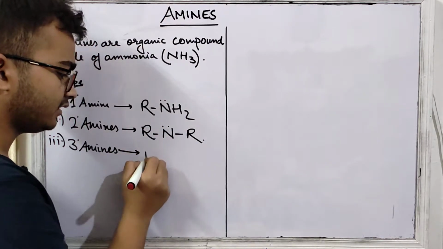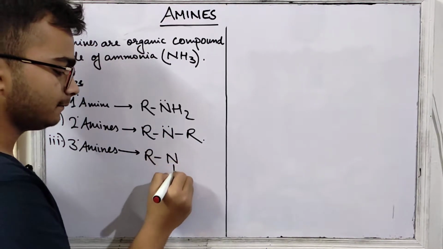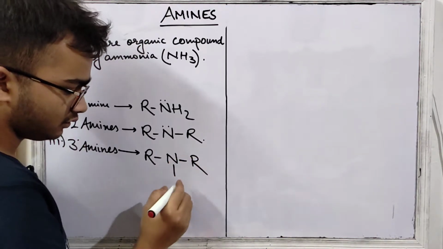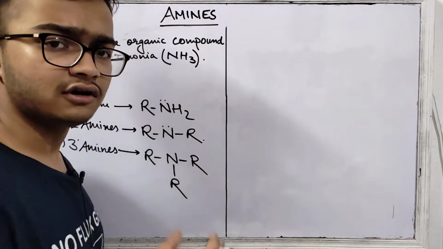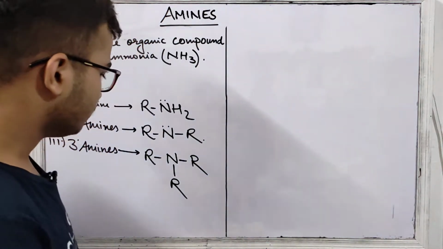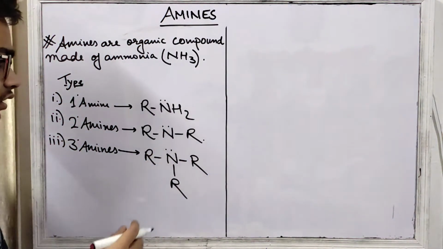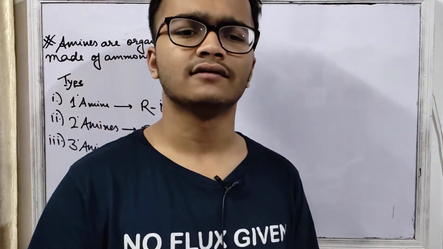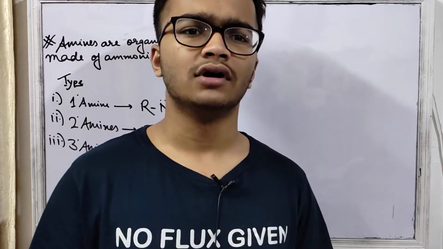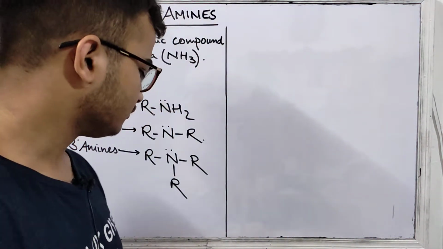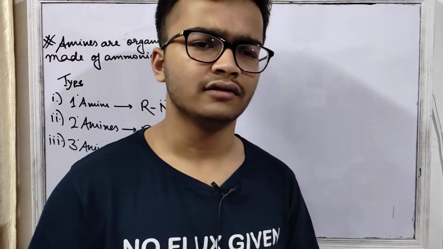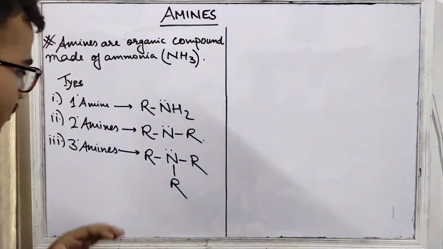For 3 degree amine, R, R, and here also an R. This is the structure of 3 degree amines. As the R groups increase, the hydrogens on nitrogen are replaced, so there cannot be any 4 degree amines because of the non-availability of hydrogen. Okay, so copy it up to this much.